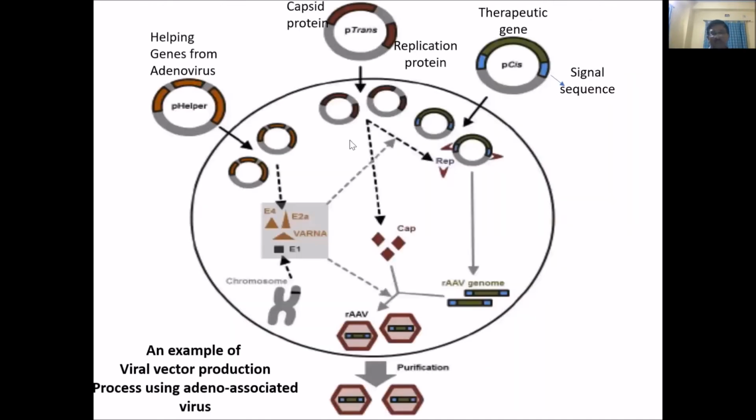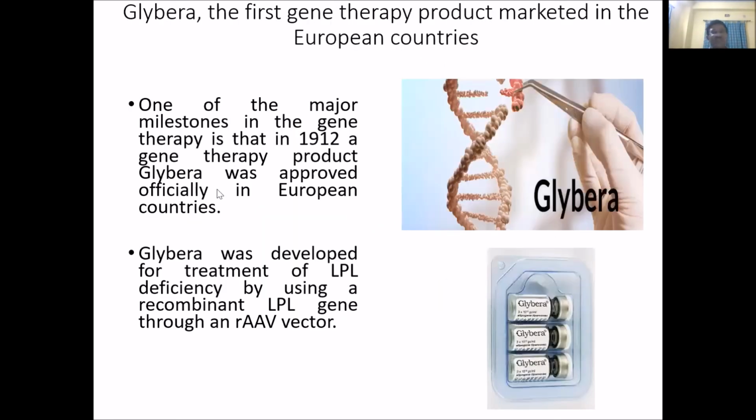And this was made with the help of recombinant adeno-associated virus vectors. Do you know what the cost of this drug was then? That is Glybera. It was fabulously costly.